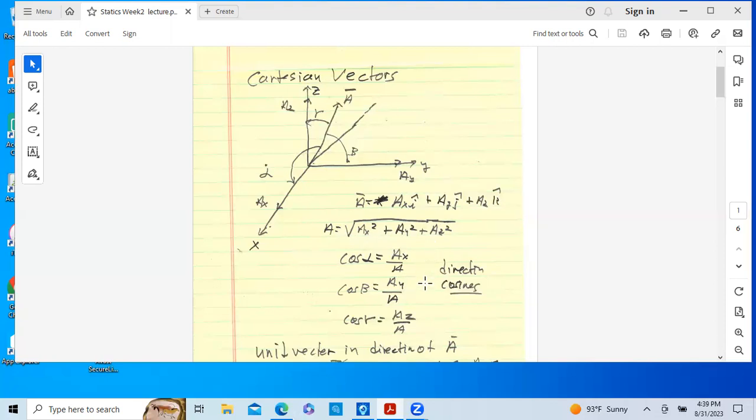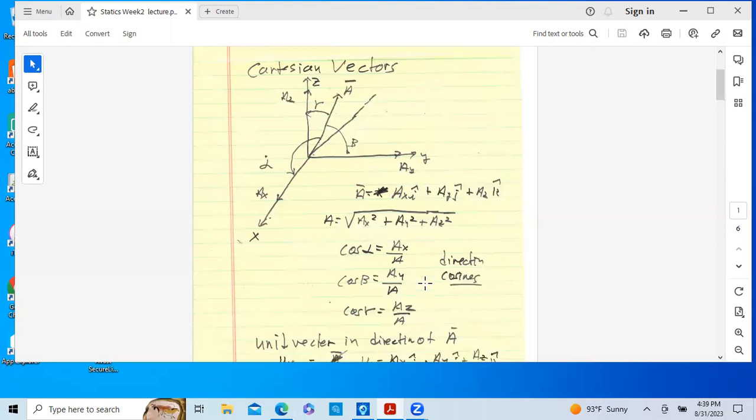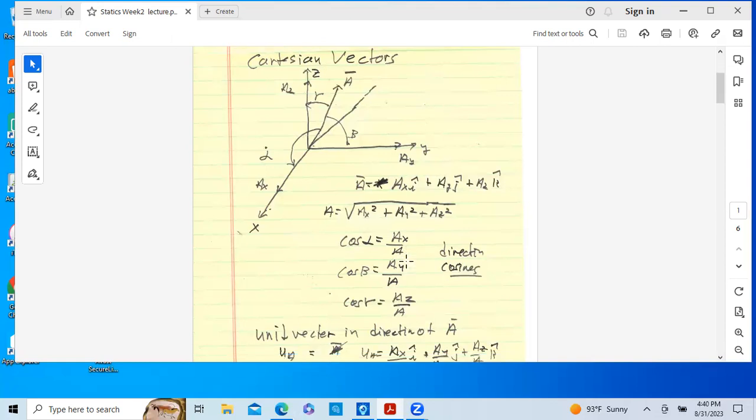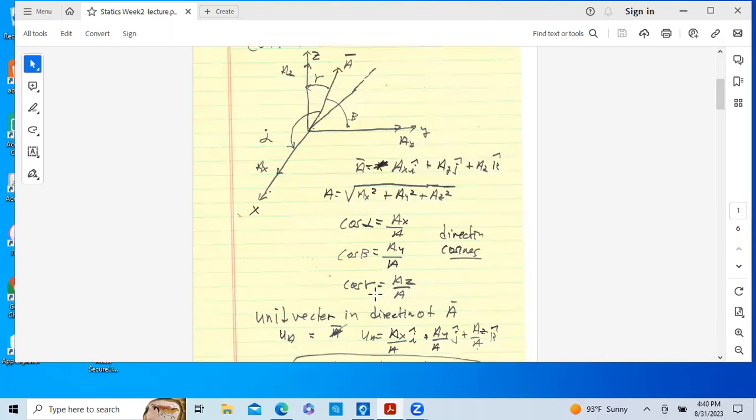The direction cosines: cosine of alpha is the scalar A sub x divided by A. Cosine beta is A sub y divided by A. And the cosine gamma is equal to A sub z divided by A. So those give you the direction cosines. They locate that vector A in three-dimensional space.